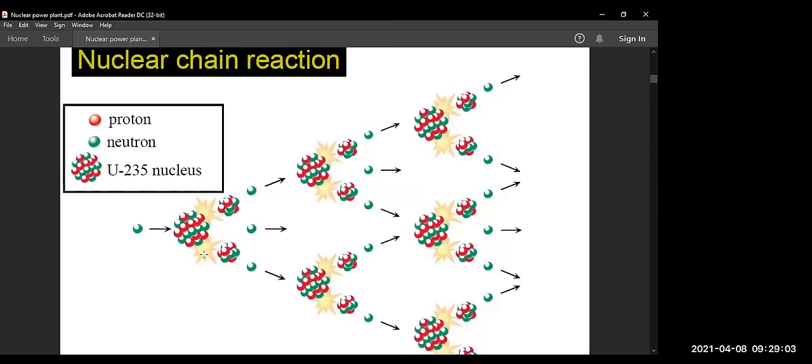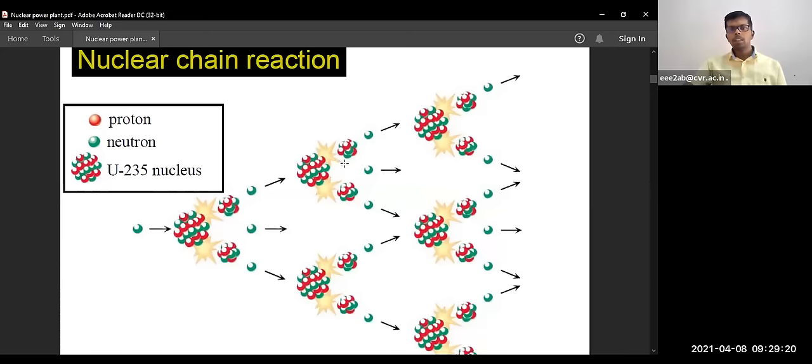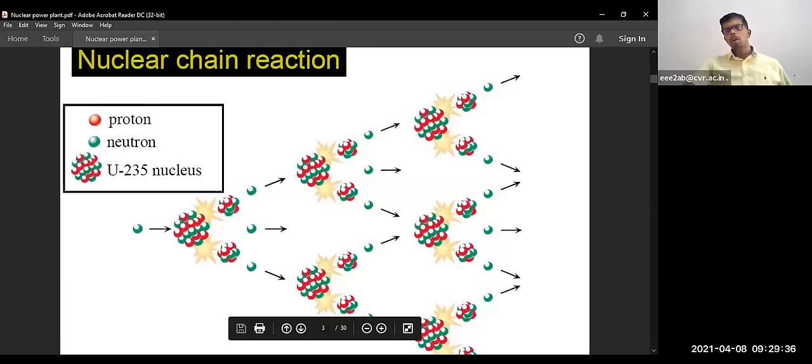This is the starting point, and it will create another uranium-235 atom. Again it will split, and from that, neutrons come out and a huge amount of energy also comes out. So again this chain reaction keeps on moving like this.